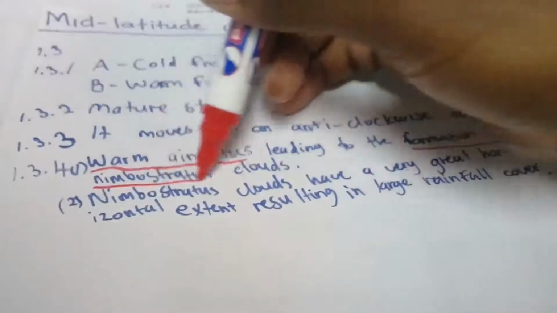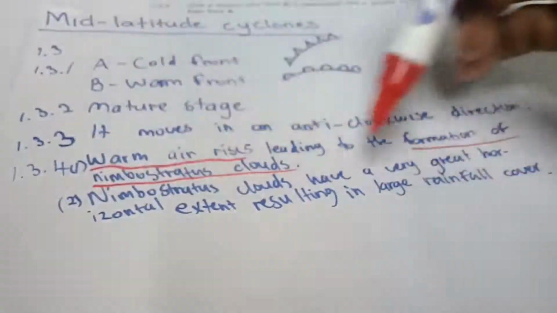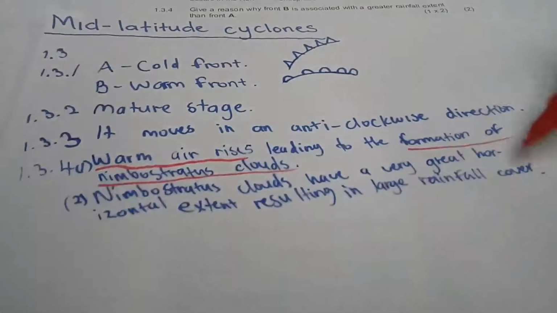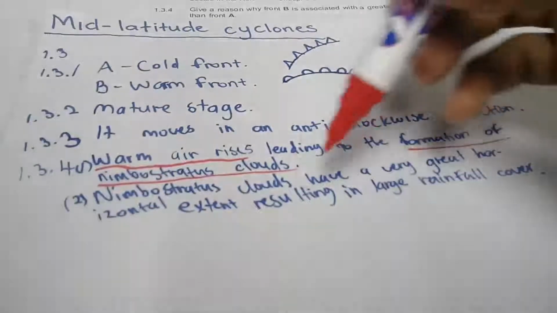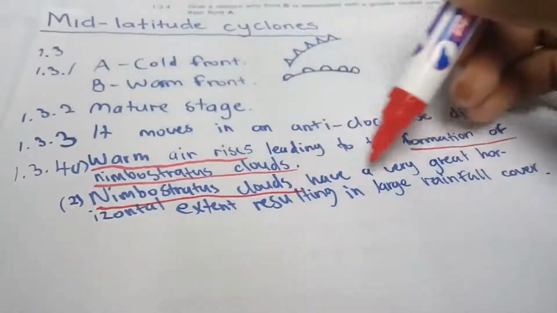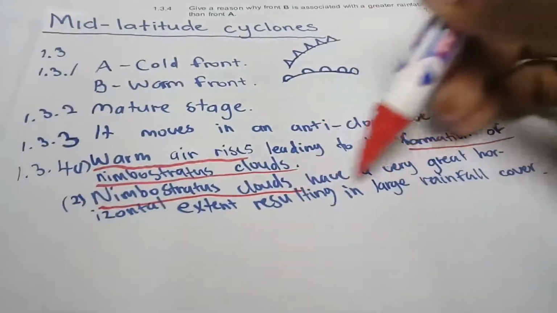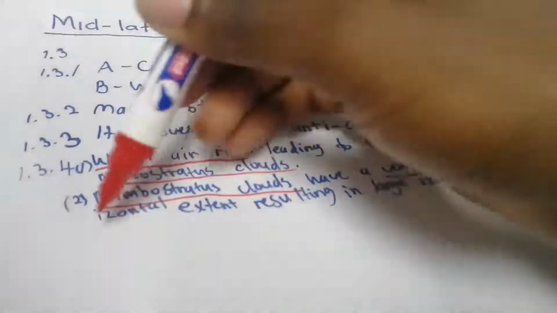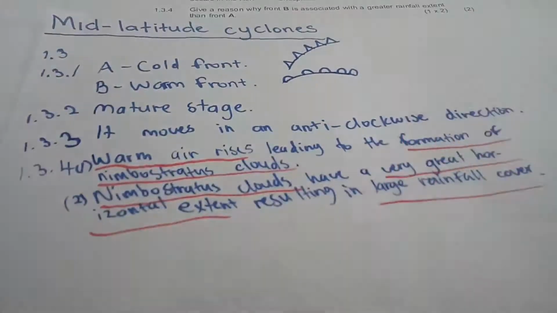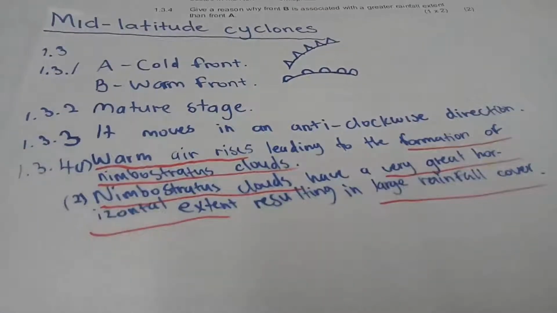This is the other point I can say: nimbostratus clouds have a very great horizontal extent, resulting in large rainfall cover. Yes, those are the important points, right?